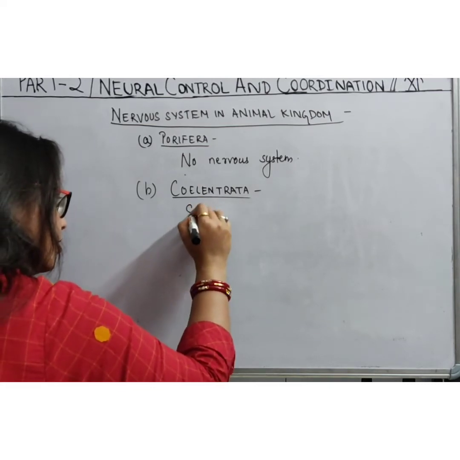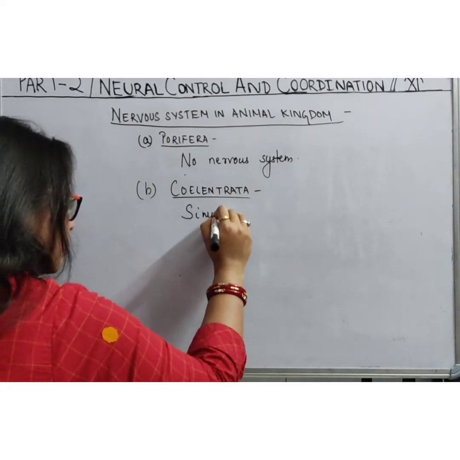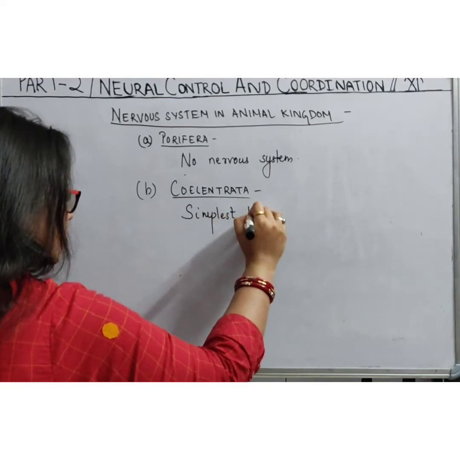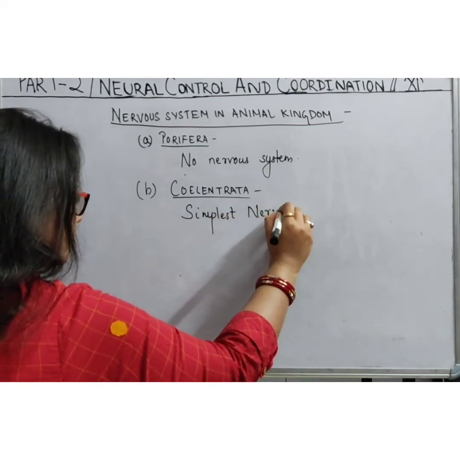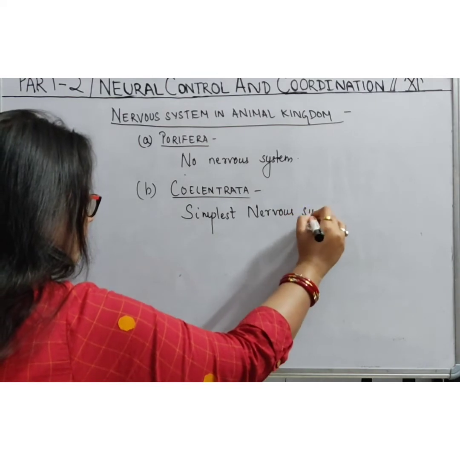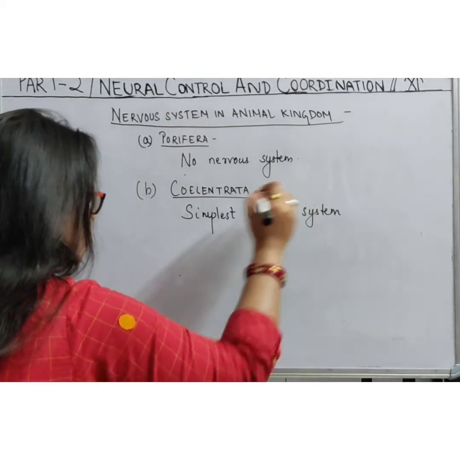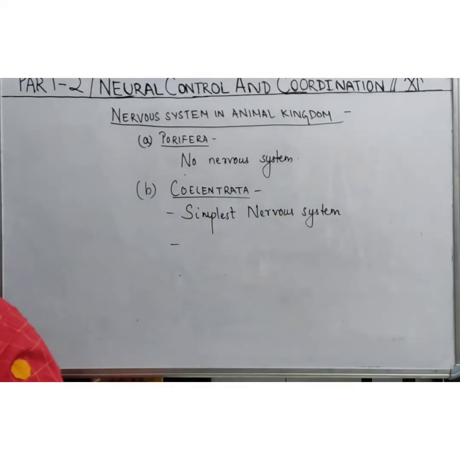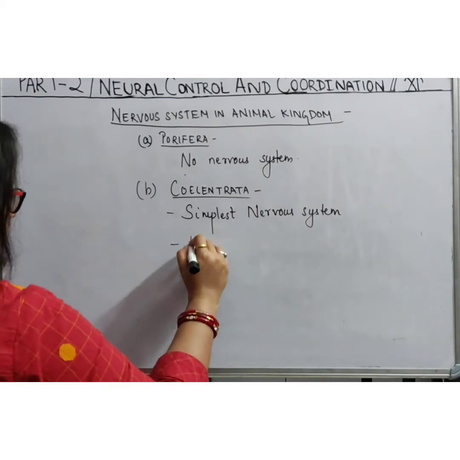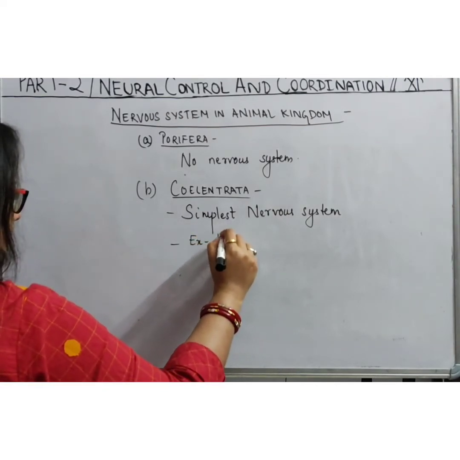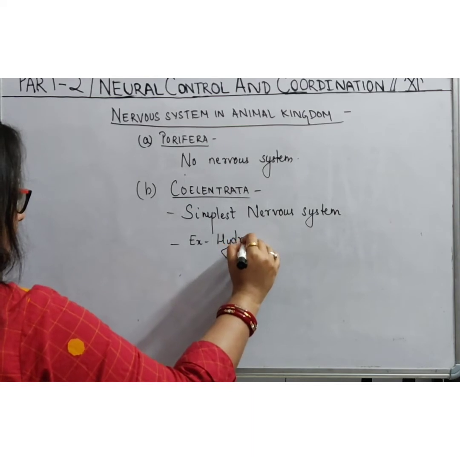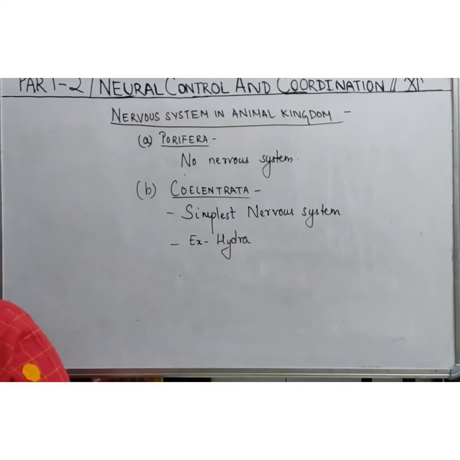It is the simplest nervous system. The example we can cite is Hydra. So Coelenterata have the simplest nervous system, and the example is Hydra.